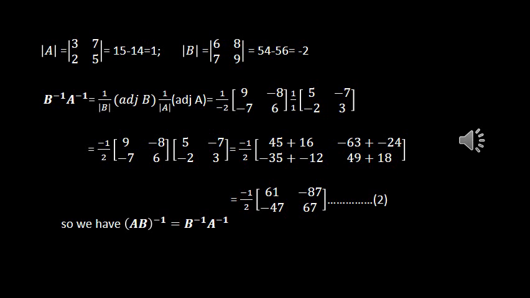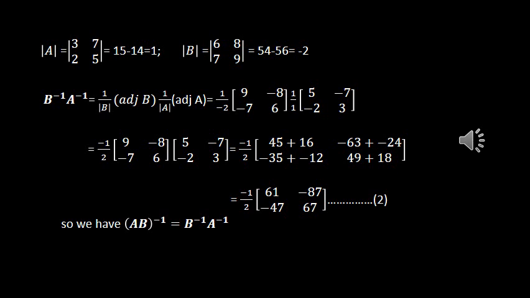These are 2 by 2 matrices. The formula for B inverse is 1 by determinant B into adjoint B, and A inverse is 1 by determinant A into adjoint A. Then we replace by the respective values. Now scalars you can multiply: negative 1 by 2 into 1 by 1, that is negative 1 by 2.